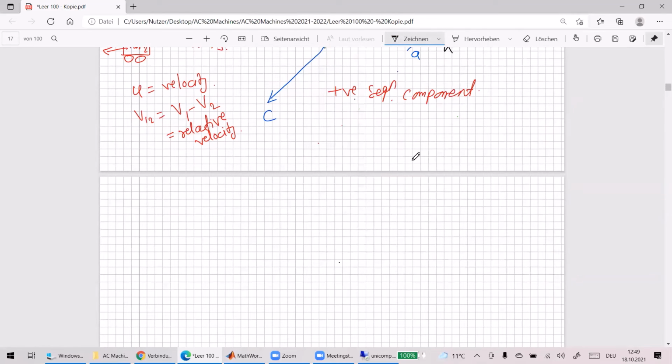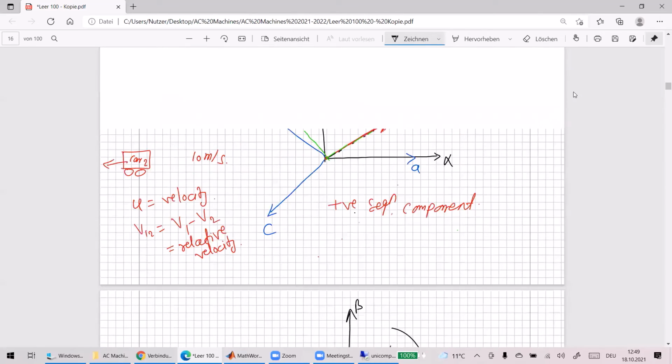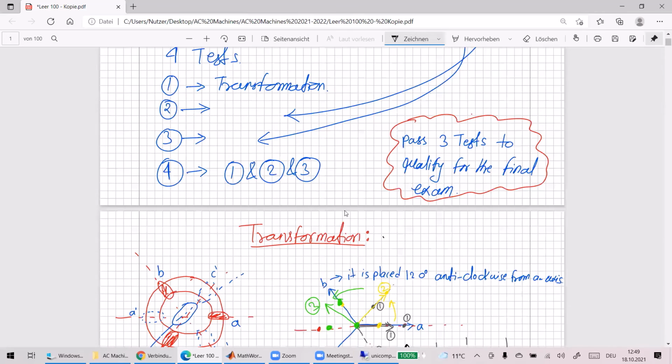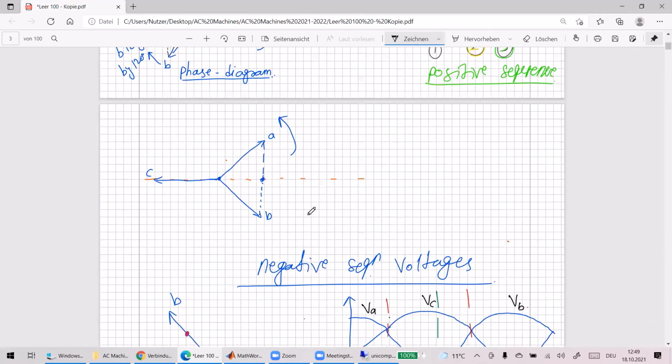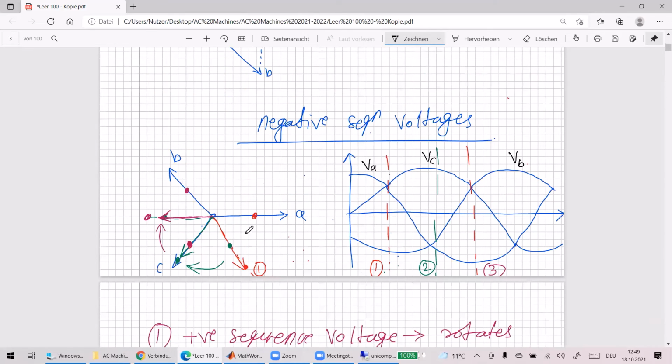So this time I will just draw your alpha beta. This is your resultant vector, V alpha beta. And for the negative sequence, what we know is it rotates clockwise, right? We also saw it here.